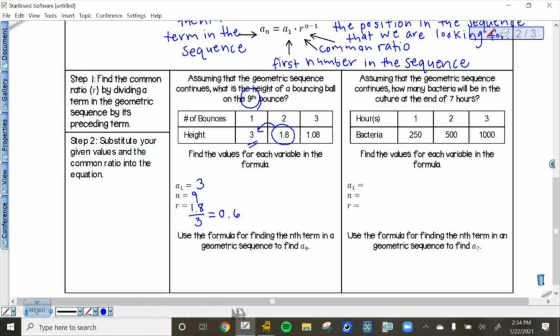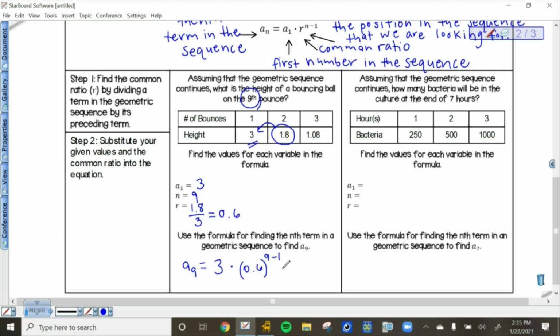So let's do that. So AN, that's going to be A9, right? Because n equals 9. So A9, the 9th term, equals A1, which is 3, our first term, times R, which is 0.6, raised to the n minus 1 power. So n is 9, so it's going to be raised to the 9 minus 1.